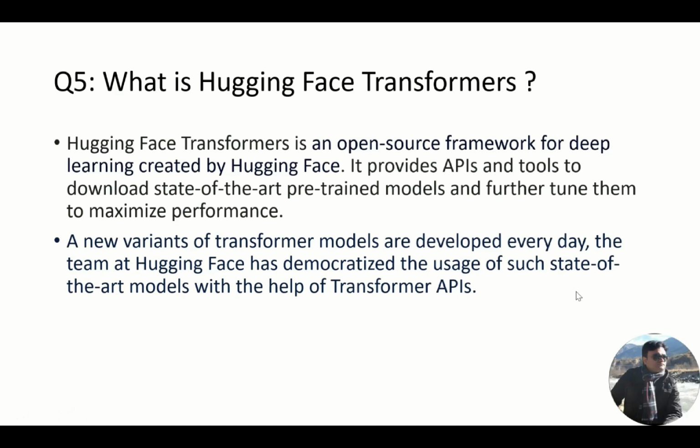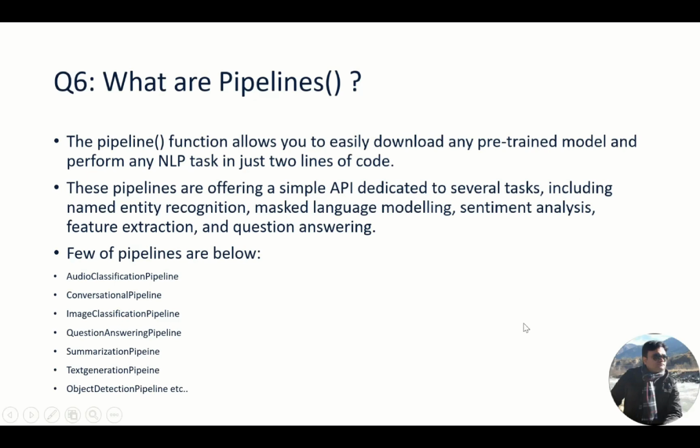And coming to the next question: what are pipelines? Pipeline functions allow you to easily download any pre-trained model and perform any NLP task in just 2 lines of code.